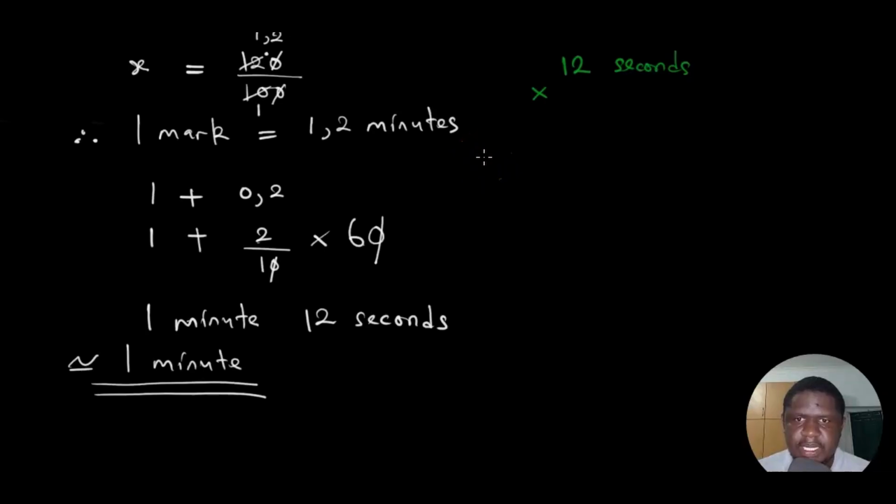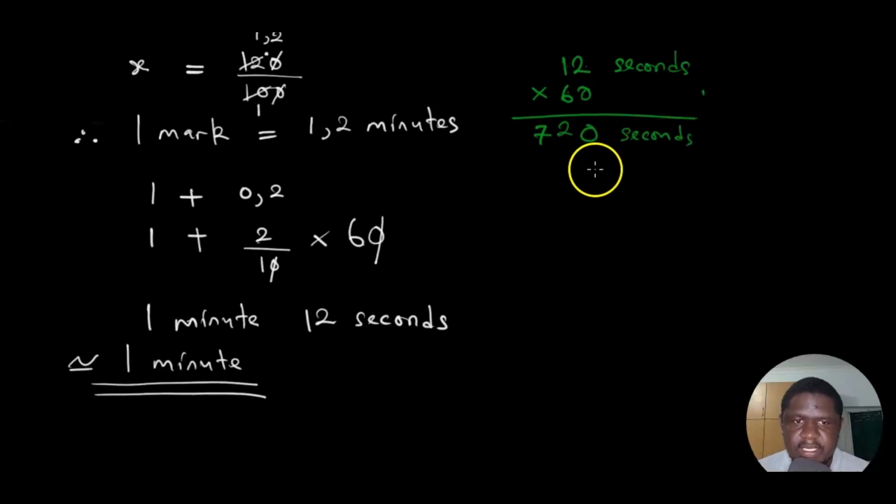Let us say we multiply it by an hour, which is 60 minutes. What do we get? 6 times 2, that's 12, and 6 times 1 is 6, plus 1, that's 7. So 720 seconds on top of an hour.